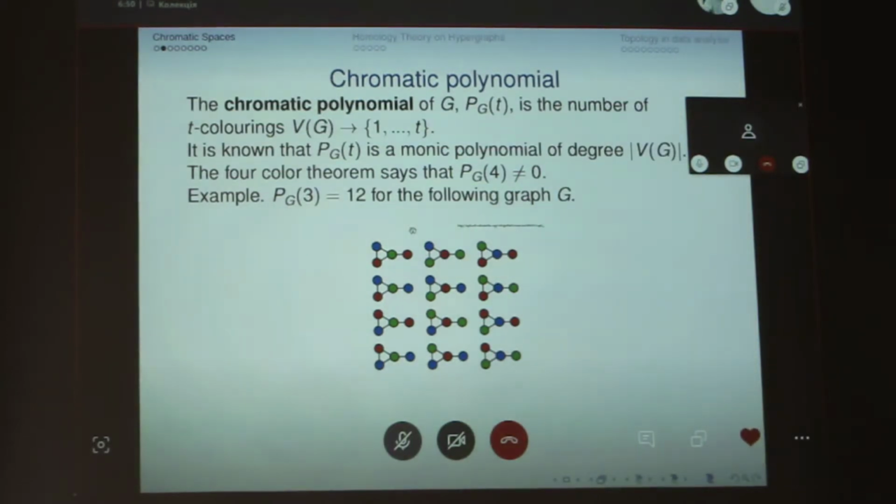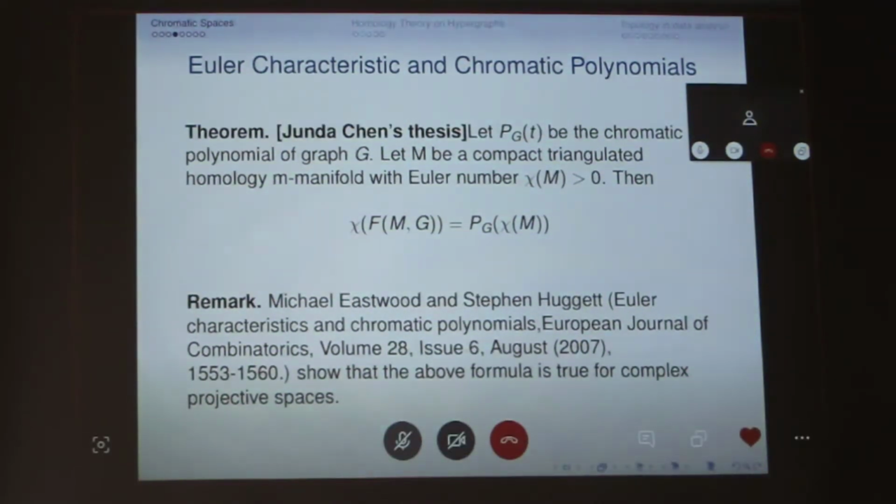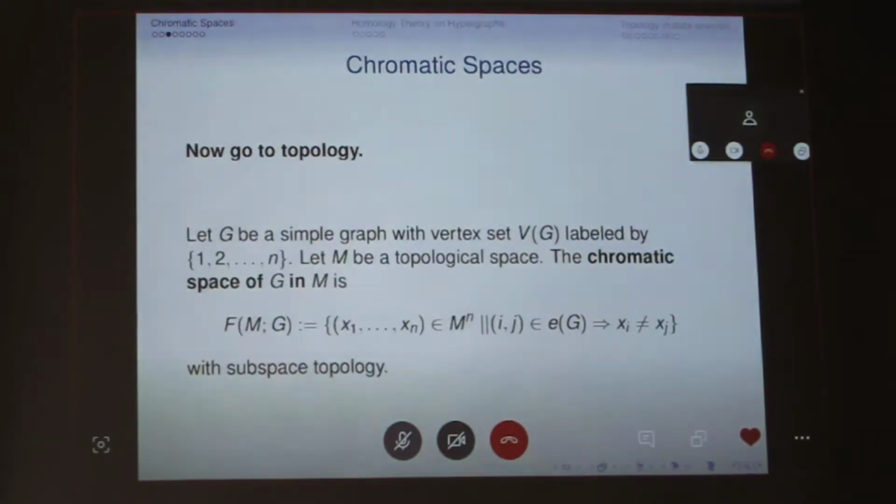Okay, so now I'm talking about the definition of chromatic space. Let's still start with G a graph. The vertex set is labeled by 1 up to n.